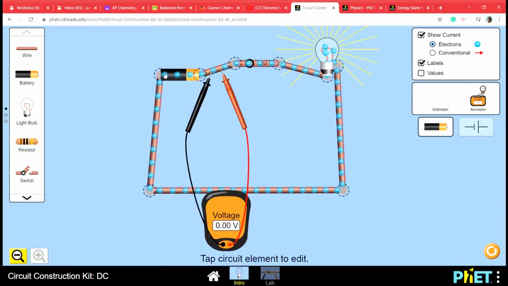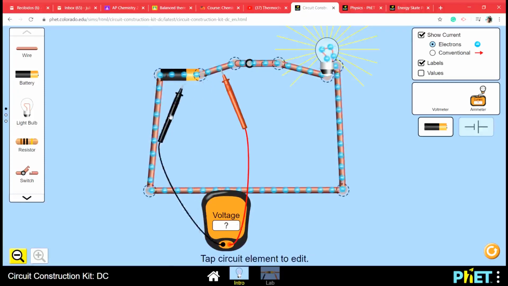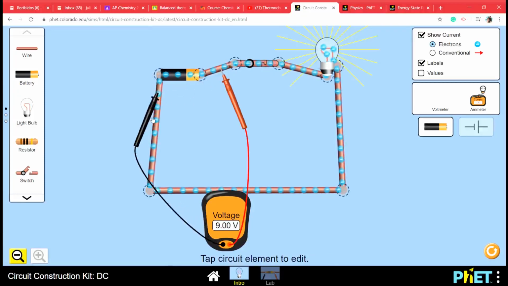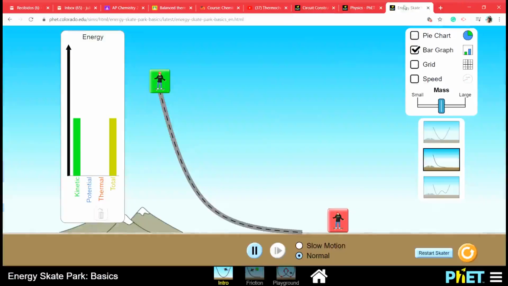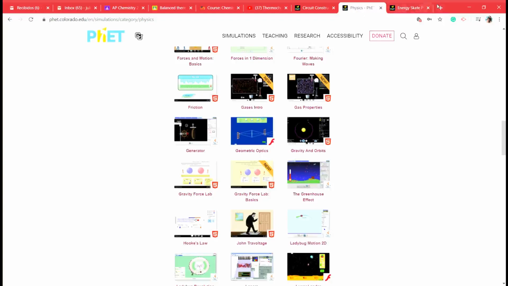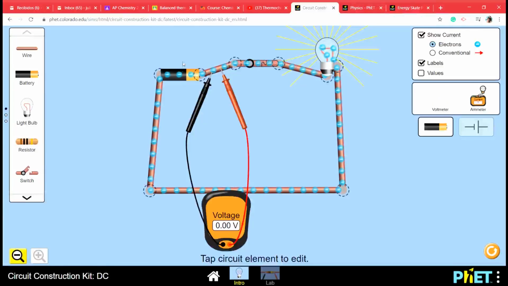It means electrons are moving from high potential, 9 here, to low potential, 0 here. It's kind of alike to this, right? High potential to low potential. The same principle of motion is also applied for circuits. We're going to see now that in the laboratory.